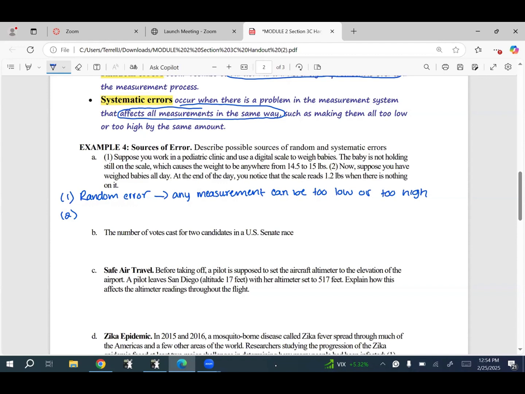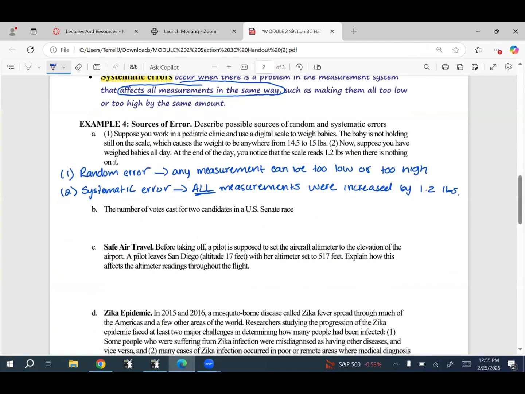Because there was an error going on, and that error was the same with every baby because the scale was off by 1.2 pounds. So this would be considered a systematic error. And so I'll write here, all measurements were increased by 1.2 pounds. And this is what makes it systematic.